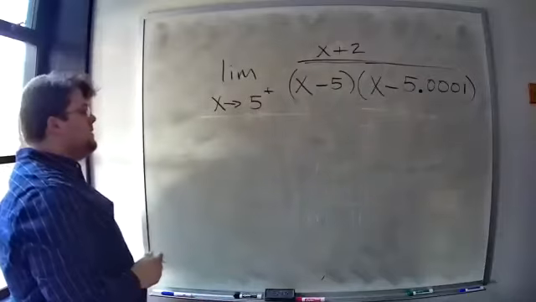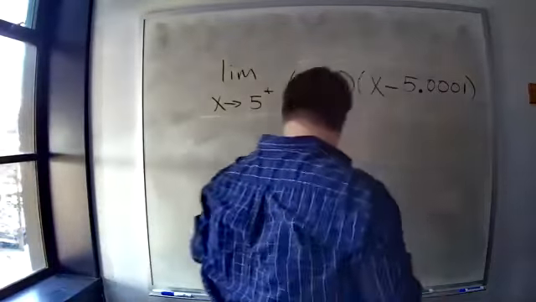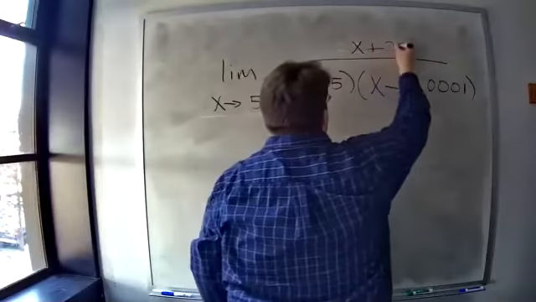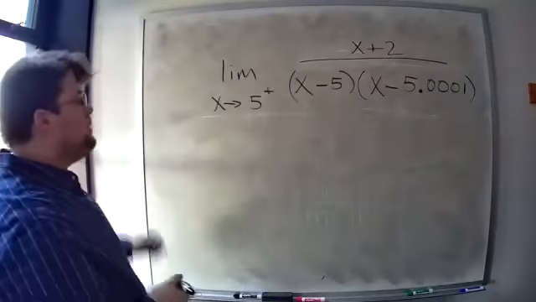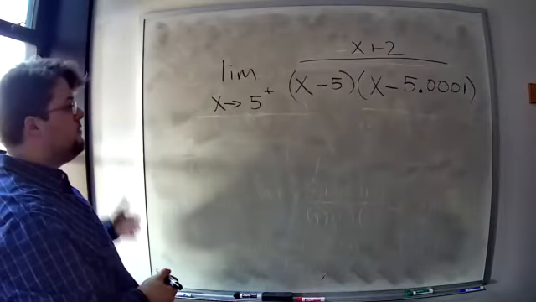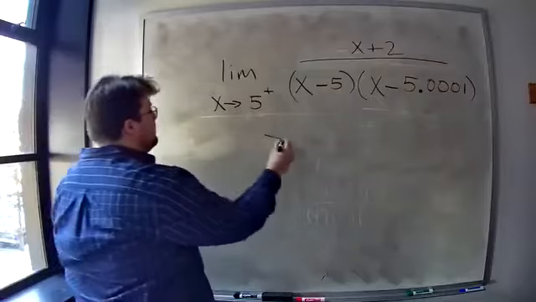Okay, let's say we have this limit. I'm going to center x plus 2 up here. So x plus 2 over x minus 5 times x minus 5.0001. What would this be?